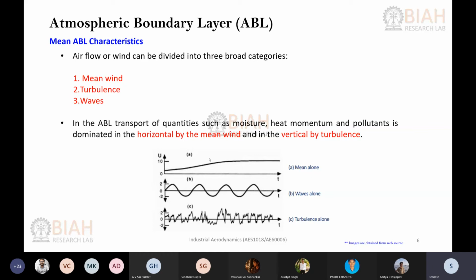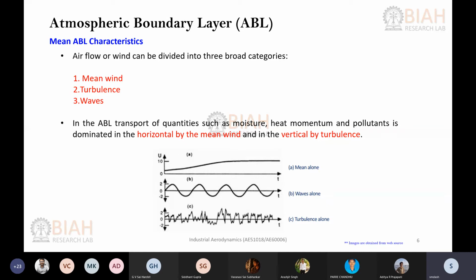Okay, so all these three together will give you the wind speed in a particular region. Now the thing is, you can separately segregate them and study. You can find out what the mean component is, what the waviness component is, and what the turbulence component is in a particular measured wind data, so that will be easier. In general, we do it that way.